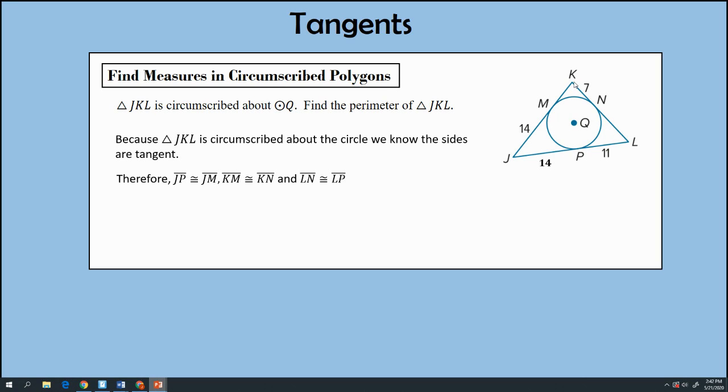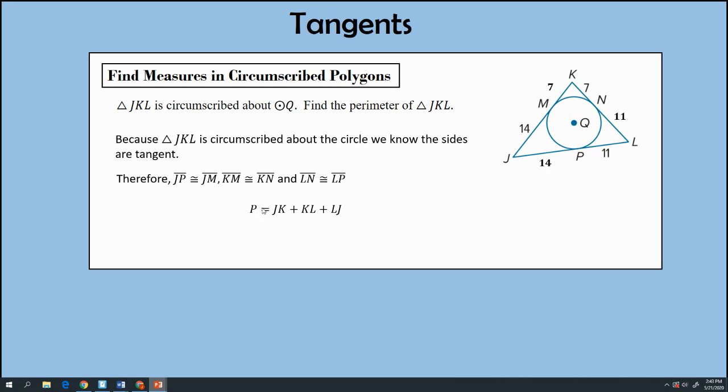Go up here, the distance from K to M and K to N have to be the same. So if K to N is 7, K to M is 7. Go to L here, L to P and L to N have to be the same. The distance from a point outside the circle to the points of tangency on the circle has to be the same. So N to L has got to be 11. Those two theorems allowed us to find all the pieces that we're missing.